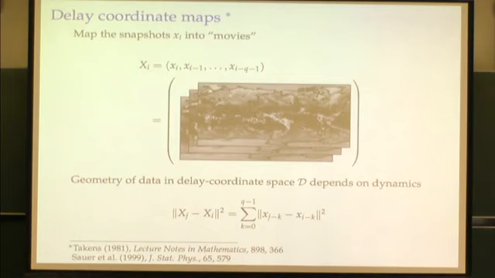One important point to make here is that by doing that procedure, effectively we are encoding information about the dynamics into the geometry of the data. What I mean by that is that if we measure the distance between two states in delay coordinate space, that distance depends not only on a single pair of snapshots, but rather on short histories of snapshots.